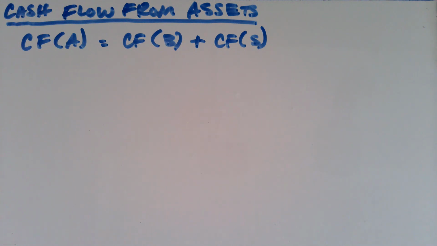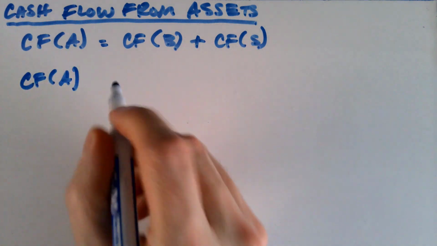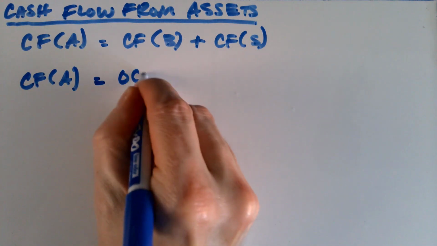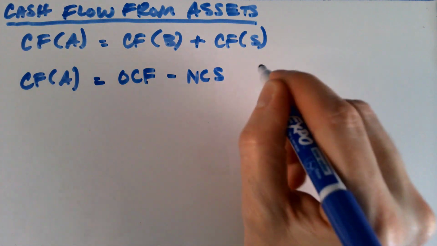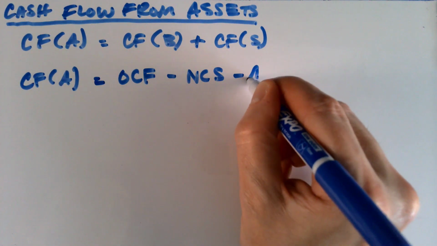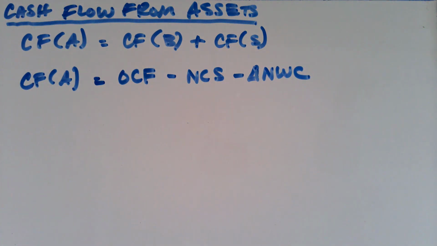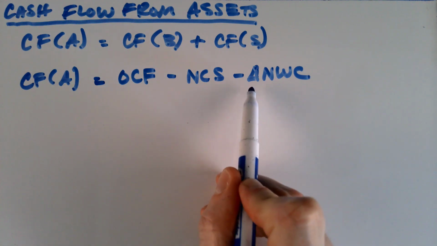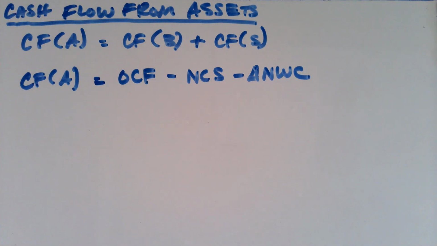But let's talk about where CFA, the cash flow from assets, comes from. It actually comes from operating cash flow minus net capital spending minus the change in net working capital. Once again, in science, engineering, mathematics, and finance, the delta, or triangle there, stands for change.